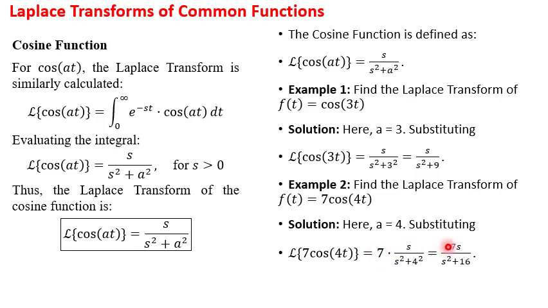So 7 times s gives us 7s all over s raised to power 2 plus 4 times 4, which is 16. So the Laplace transform of 7 cos 4t equals 7s all over s raised to power 2 plus 16.